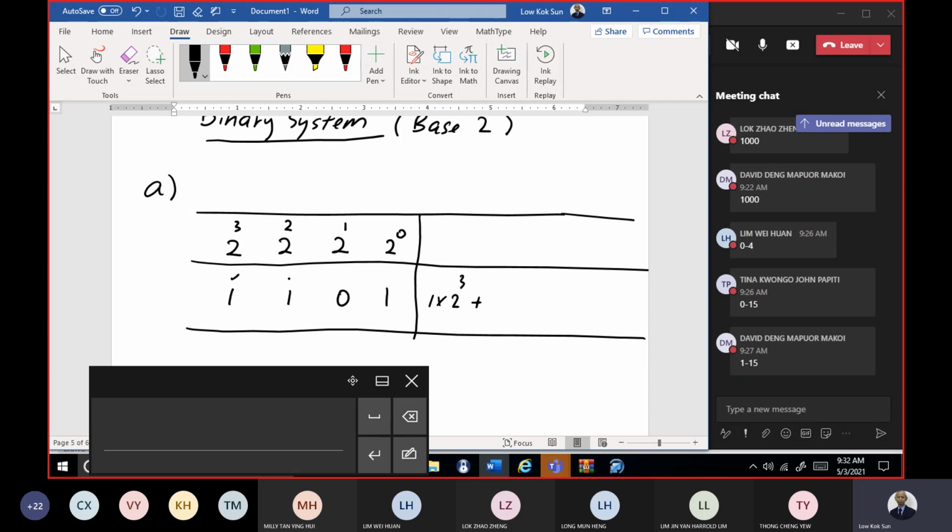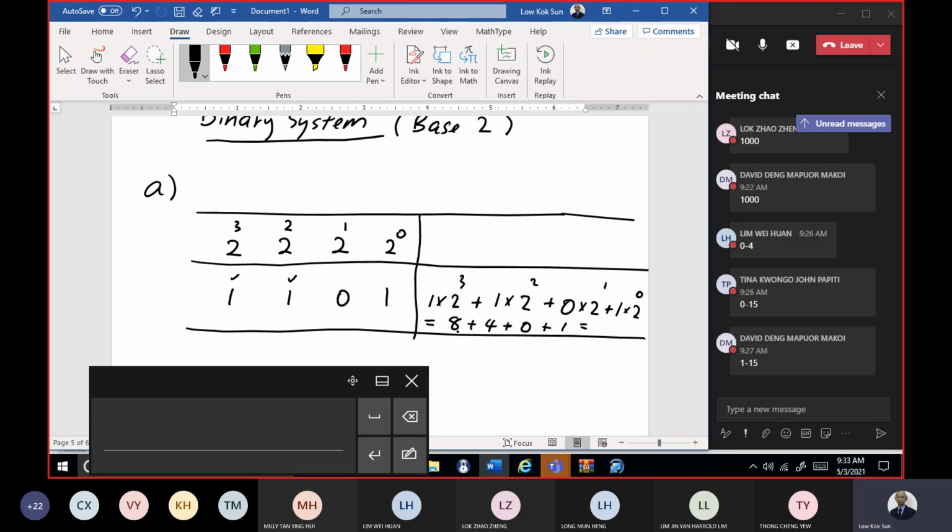This one means 1 times 2 power of 2, because the position is 2 power 2. And this 0, although 0, we still write it down, 2 power of 1. And then this 1 is 2 power of 0, and 2 power of 0 is 1. So we can quickly get the answer. This is 8. This is 4. And this one nothing, because 0 times whatever is nothing. And then this one is 1.